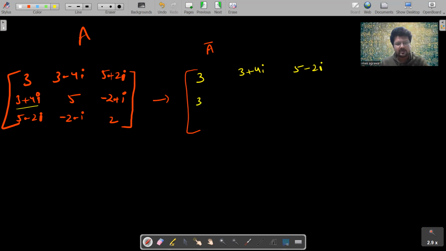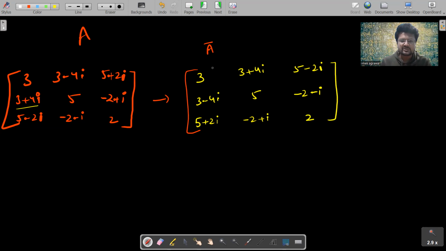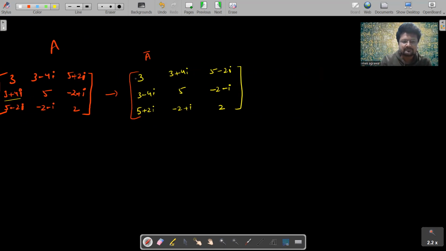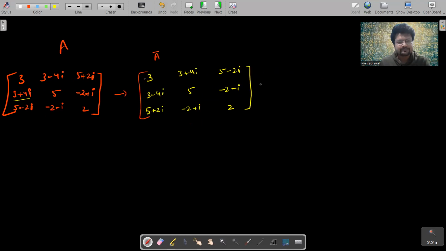Conjugate of 3 plus 4 iota is 3 minus 4 iota. Conjugate of 5 will be 5. Conjugate of minus 2 plus iota will be minus 2 minus iota, right? Conjugate of this will be 5 plus 2 iota. This will be minus 2 plus iota, and this will be 2 itself. So this is your A bar. Any doubts in this? No, I guess, right?